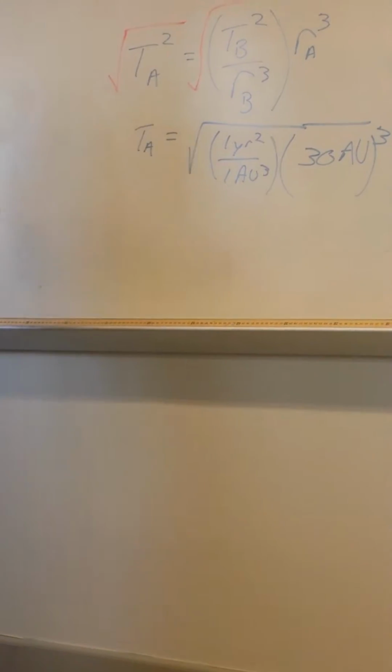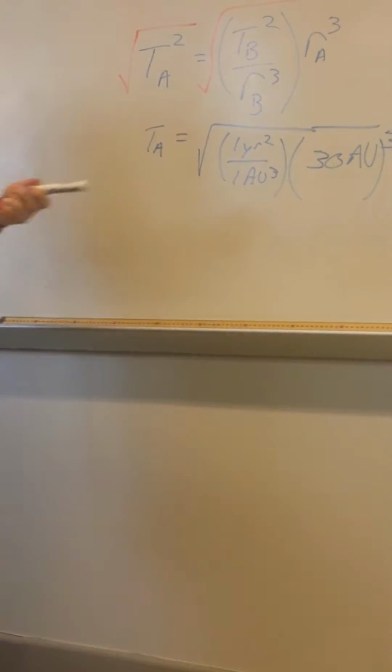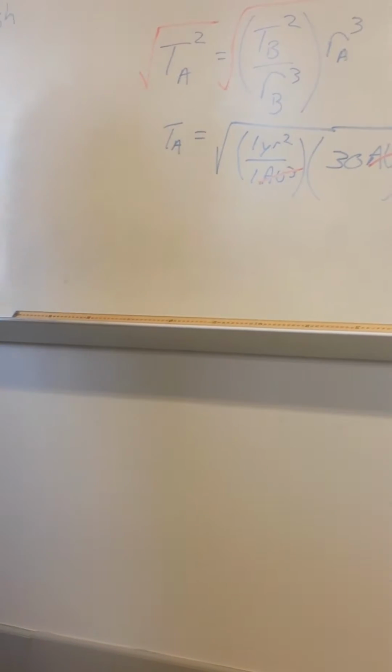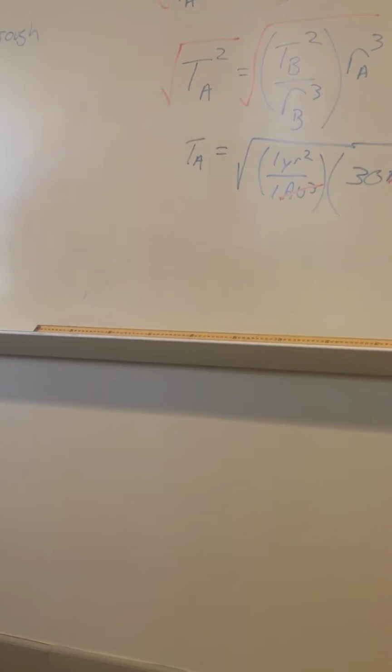Or the square root of 30 cubed. These AUs cancel out with these AUs and we're going to be left with years. It ends up being about 164 years.